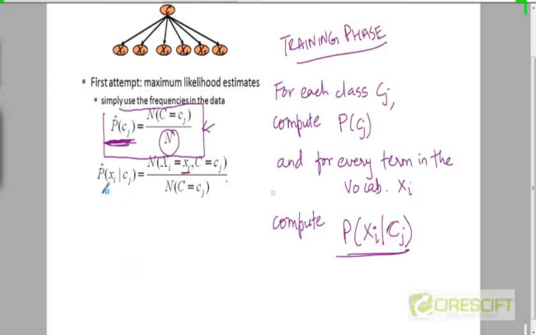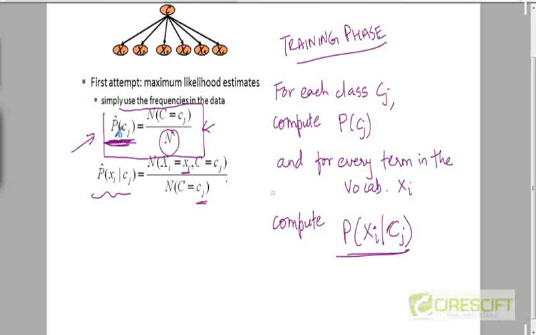Here we are thinking of converting it into a fraction where you're also dividing it by the total number of documents in the corpus. So this is analogous to that. Of course, here you're not dividing by the total number of documents in the corpus. Here you're dividing by the total number of documents labeled with class Cj in your training data, and in the numerator you have among all these documents how many of them have this particular term appearing in them.